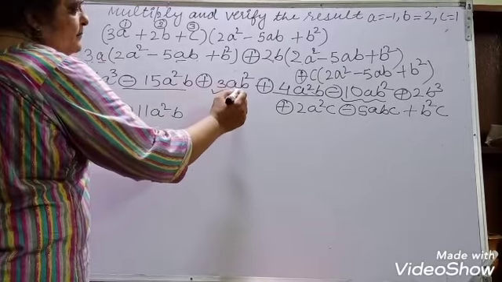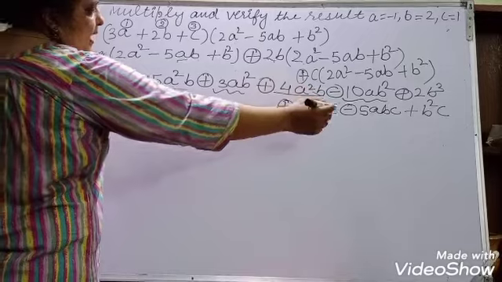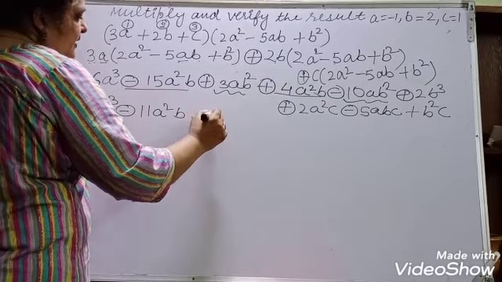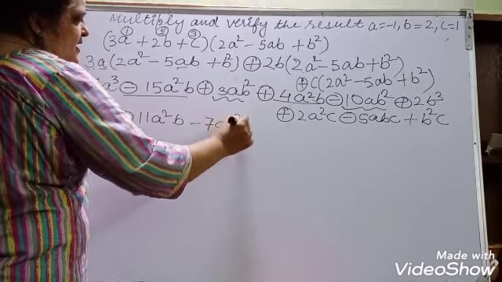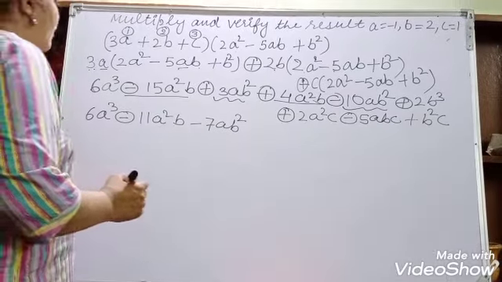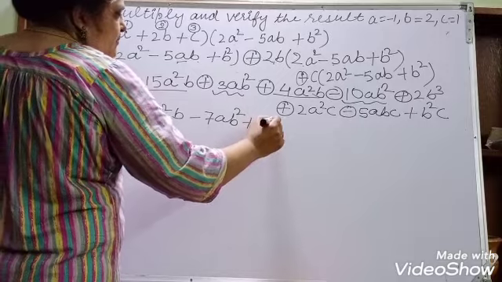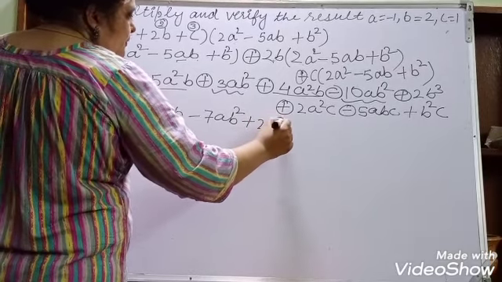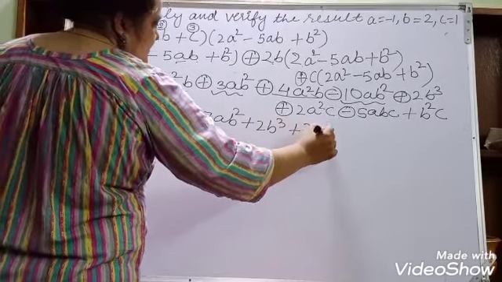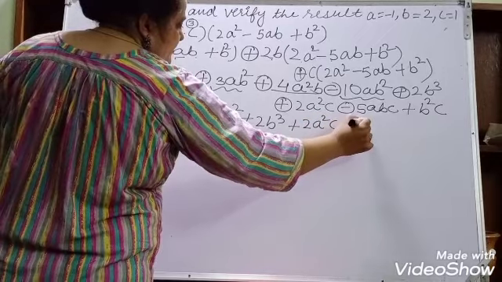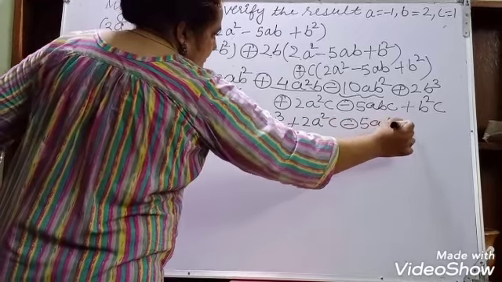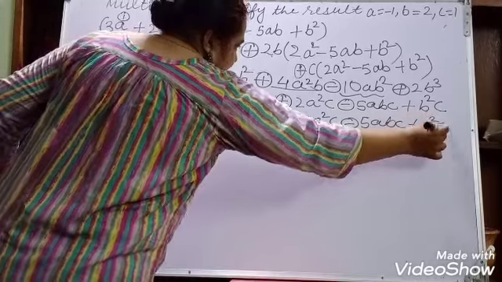Then plus 3ab square minus 10ab square will become minus 7ab square. All the other terms are unlike terms, so we will write them as they are: plus 2b cube plus 2a square c minus 5abc plus b square c.